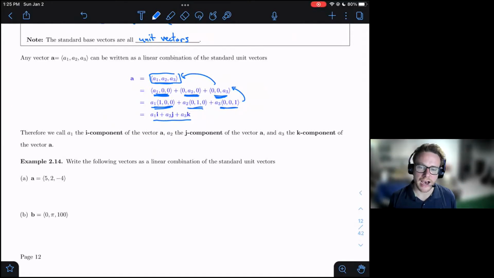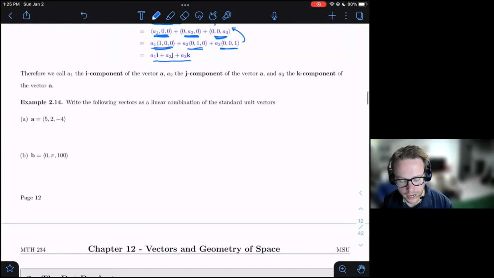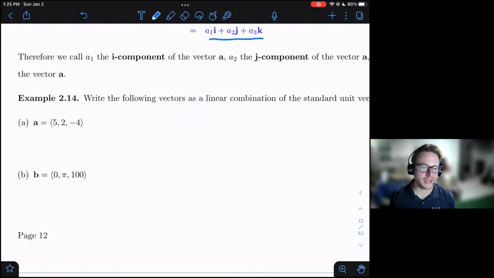So you can also use I, J, K for that. Okay, so let's go ahead and write these standard vectors in the IJK notation. I should also mention, WebWork understands IJK notation as well. So if you prefer the IJK notation, WebWork does understand this as well. And so that's very nice.